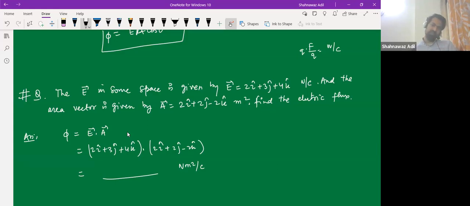E vector you know, A vector you know, so what would be the dot product? Please calculate and tell me. This is very trivial. Dot product and vector product, you have to remember at your fingertips. So please do this calculation. You have to revise some portion, otherwise it would be difficult.